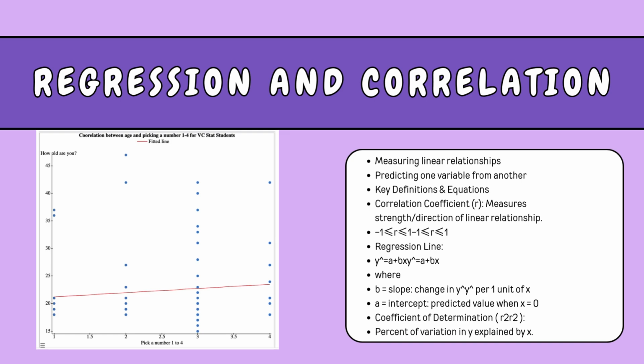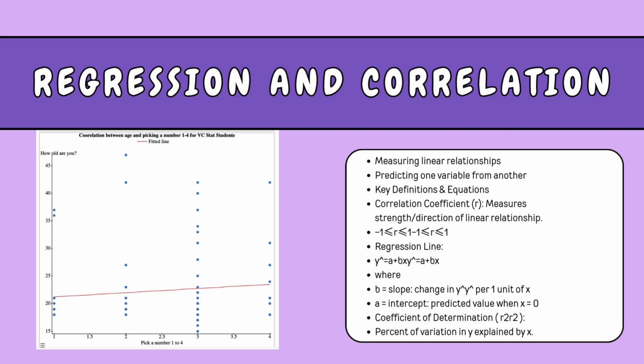So this is where I analyzed the age of students and picking a number 1 through 4. I used StatCrunch to find the line of best fit, and that would be the red line right there. In this case, the scatter plot is pretty scattered.